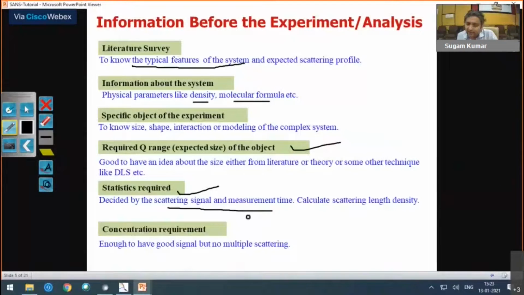But even in the case of model dependent data analysis, the scattering signal should be appropriate to obtain different parameter contributions. And we have to ensure that the signal is coming from the sample. There is no multiple scattering. So choice of concentration is another crucial parameter.